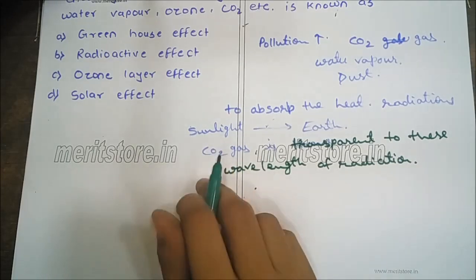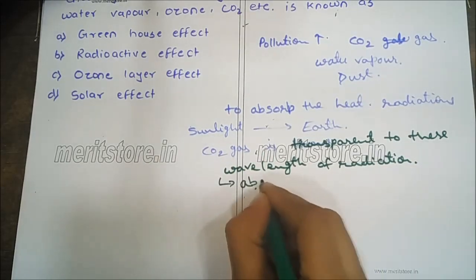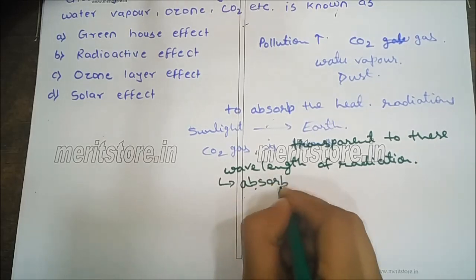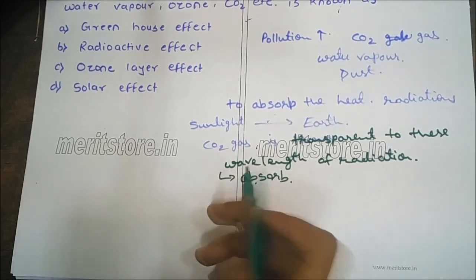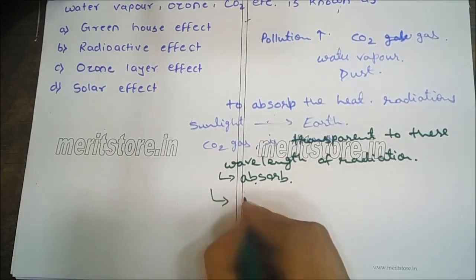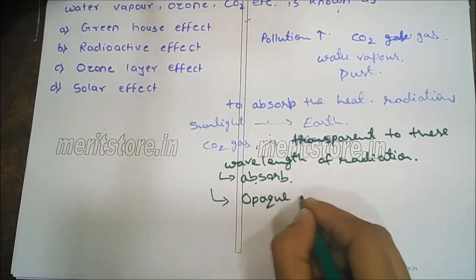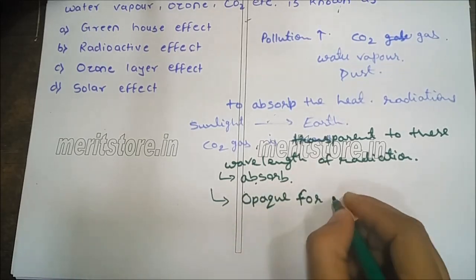The carbon dioxide gas will absorb this light, but this gas is opaque for ultraviolet rays.